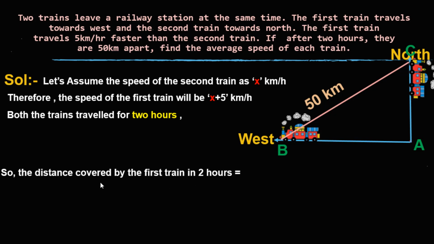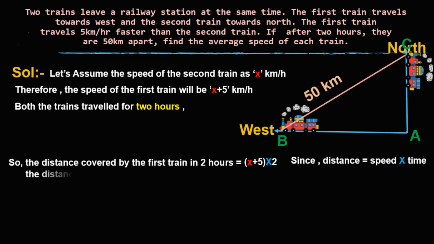So what is the speed of the first train? The speed of the first train is x plus 5. So if we multiply the speed with the time, that is 2, we get the distance that is covered by the first train. So we can write x plus 5 into 2, where x plus 5 is the speed of the first train and 2 is the time taken by the first train.